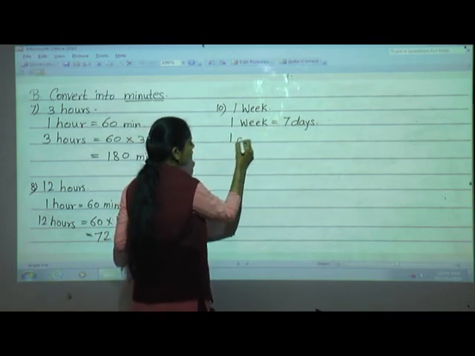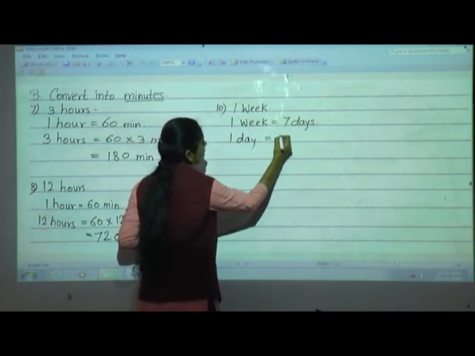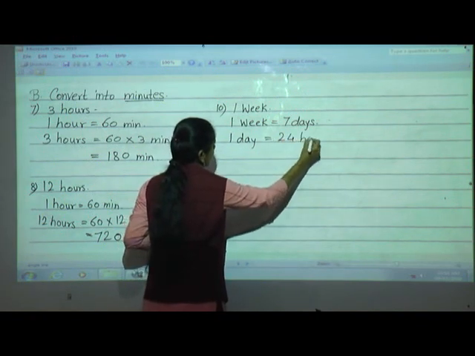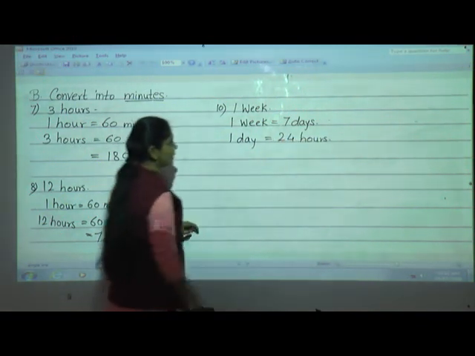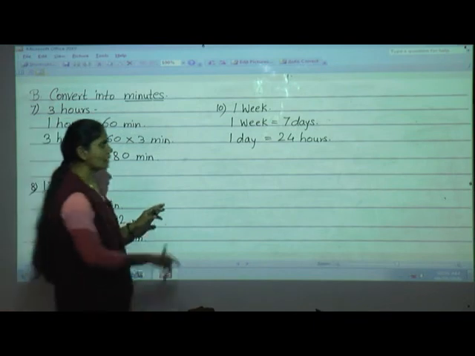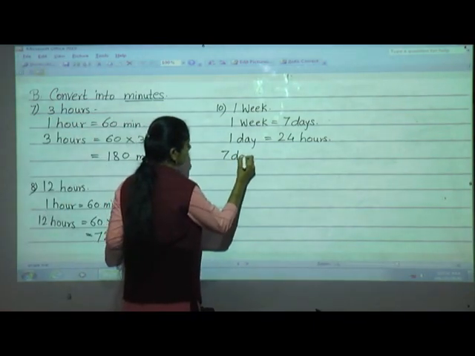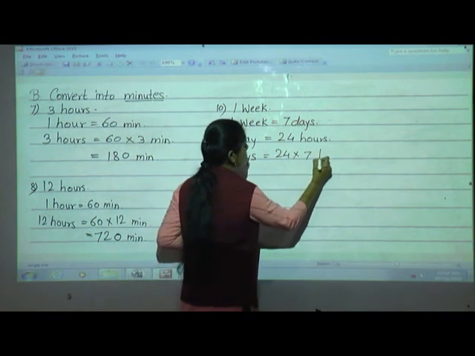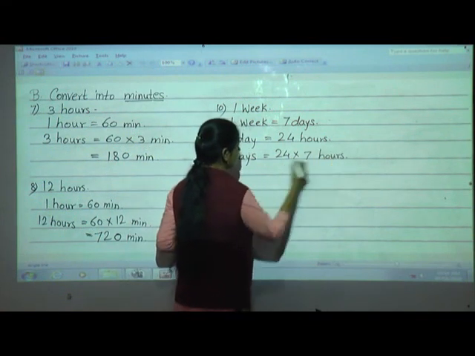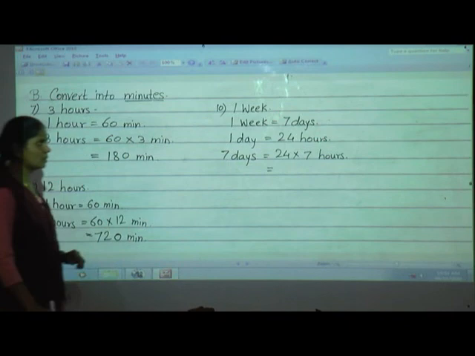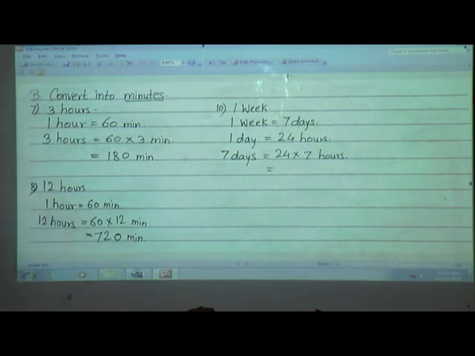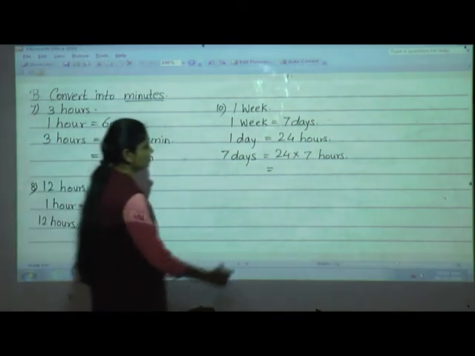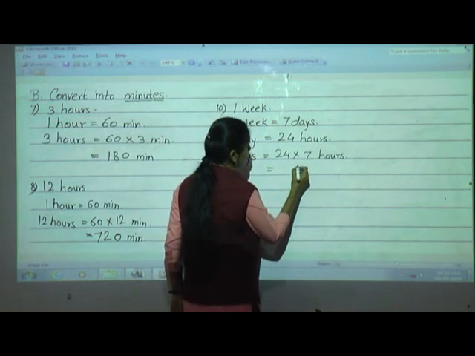Now what we will do? 1 day is equal to how many hours? 24 hours. Okay, now 7 days is equal to 24 into 7 hours. Yes, 24 into 7, do the multiplication. 7 4s are 28.